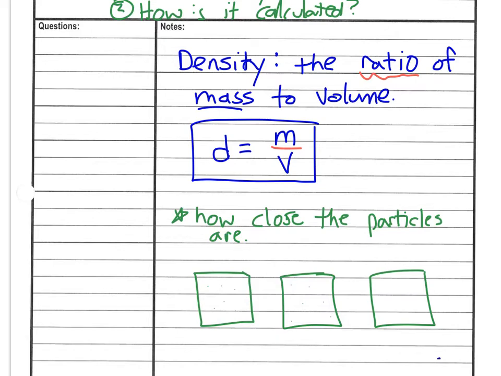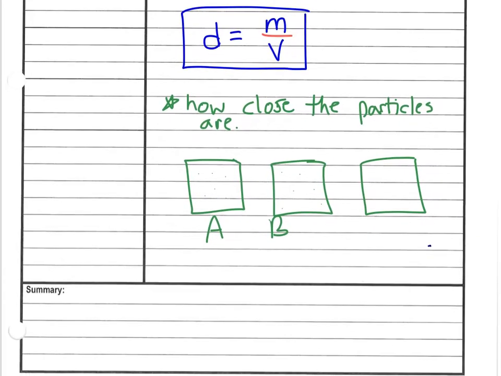I'm sorry, less dense. Farther apart is less dense. So if I compare these, we'll call this one A and this one B. At this point, A is more dense than B. So I've got my greater than on the A. A is more dense than B.